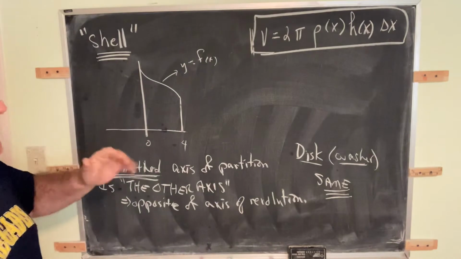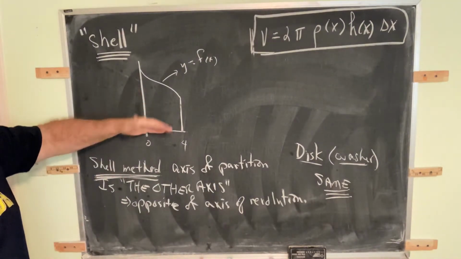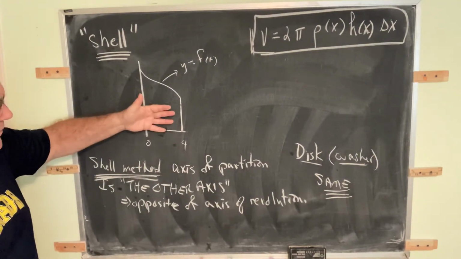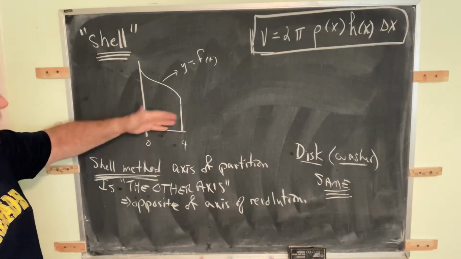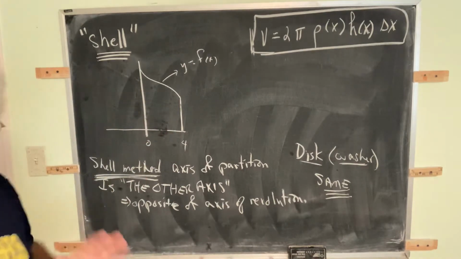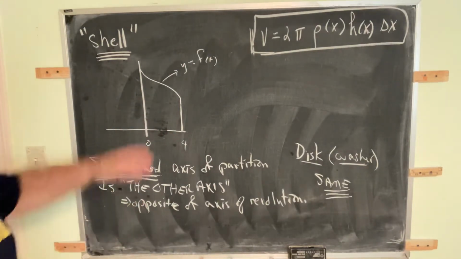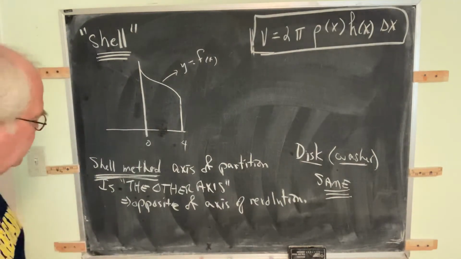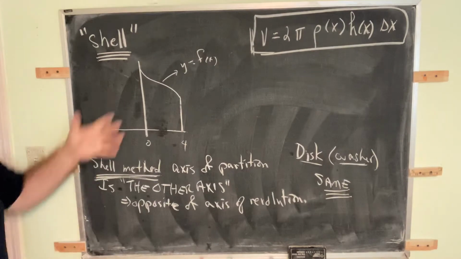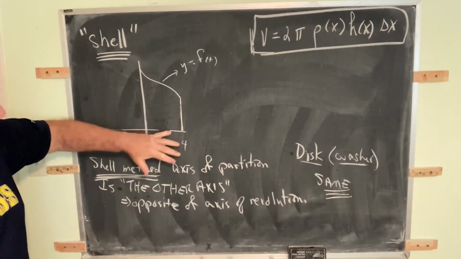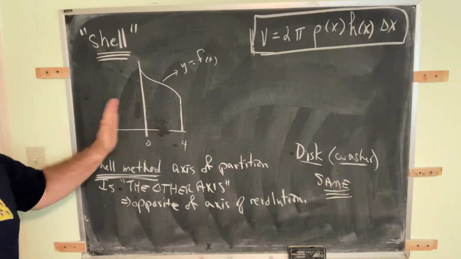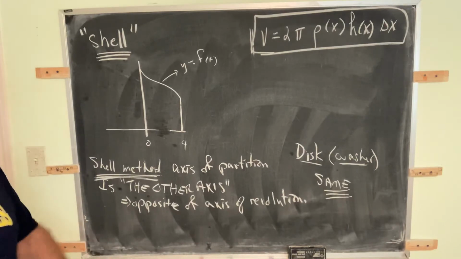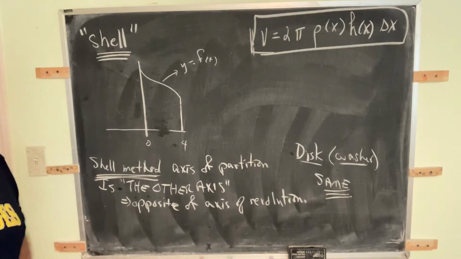If we were going to revolve this about the x-axis, then for the disk method, if you revolve about the x-axis or any line parallel to the x-axis, then you partition the x-axis. For the shell method, if you revolve about the x-axis, then you partition the y-axis. It's extremely important that you get that piece correct right off the bat.